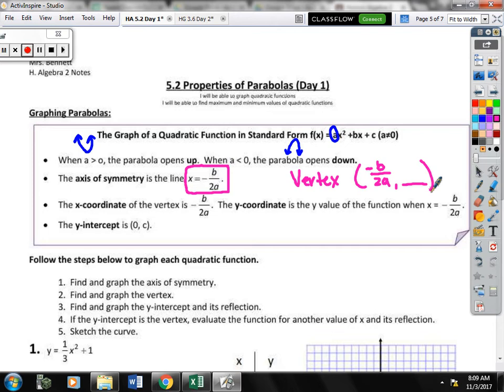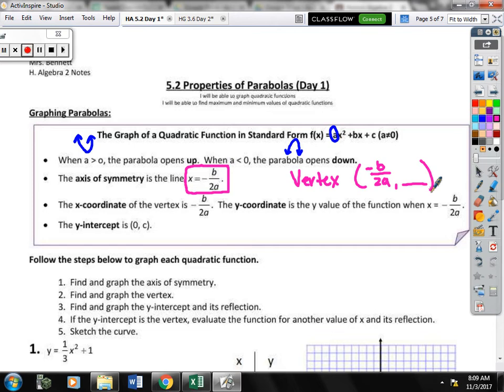Now the reason I put a blank is that there's not a formula to find the y value. You have to find the x value first and then substitute it back into the original function and see what the output value would be for y. So the formula is to find the x coordinate of the vertex, and then you have to substitute that back in to find the y value.